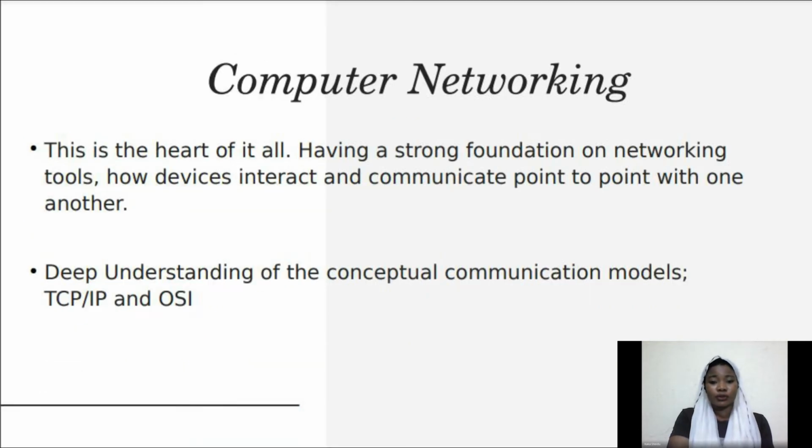The second skill is computer networking. This is actually the heart of it all. You need to have a strong foundation in networking because everything is interconnected. You need to know how communication happens between devices from one point to another. That's how we respond to incidents when they happen.